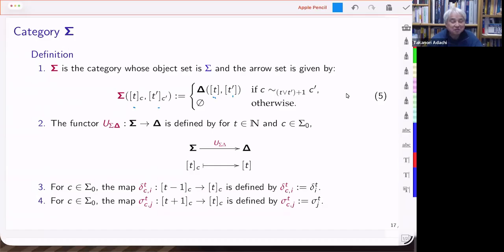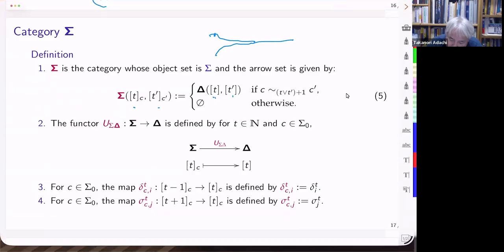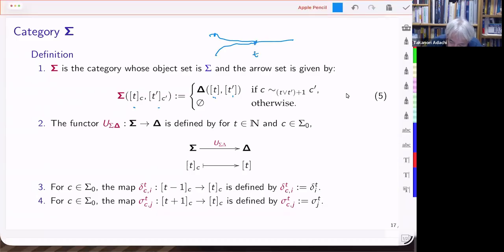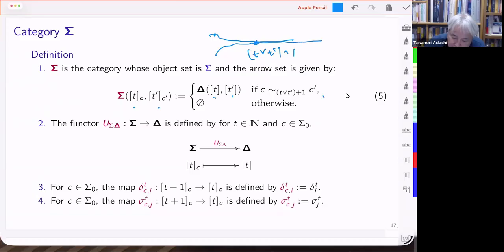These are just represented by the composition of little delta and little sigma. But in this case C and C dash meet somewhere, at least here, at max of T and T dash plus one. From that point, it coincides.